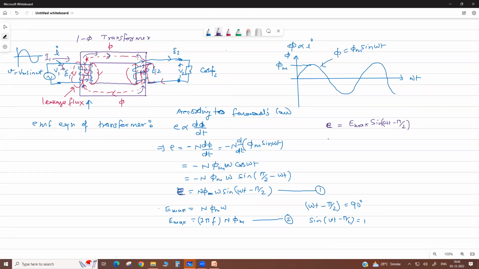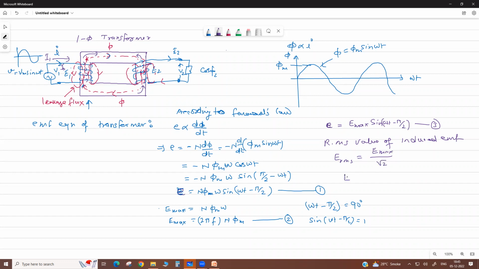Now if we calculate the RMS value of the induced EMF, E RMS is E maximum by root 2.